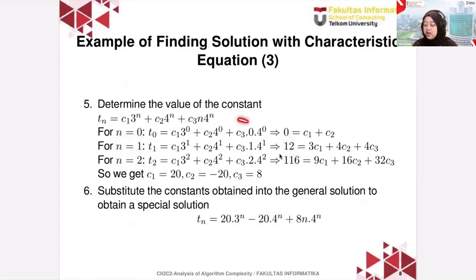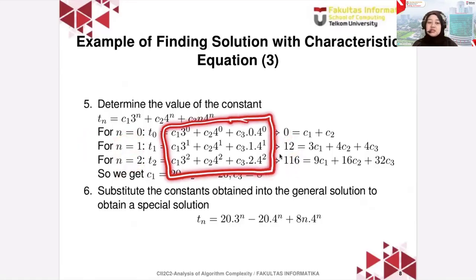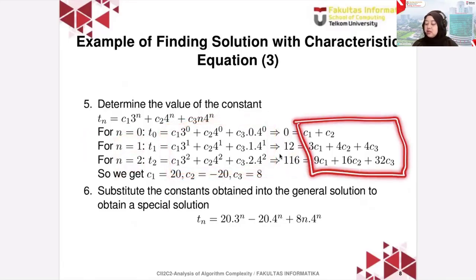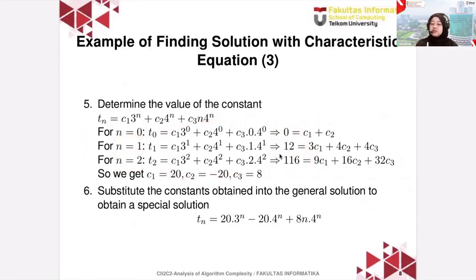And then we know the general solution, so we substitute the values of n into it, and get this, such that from here we can use substitution and elimination to get the values of C1, C2, and C3.